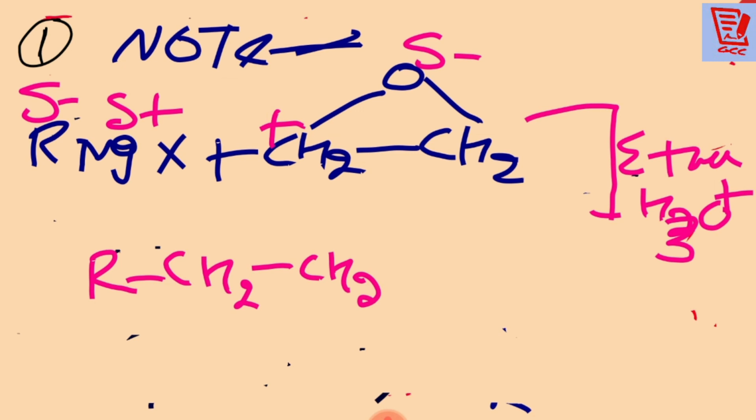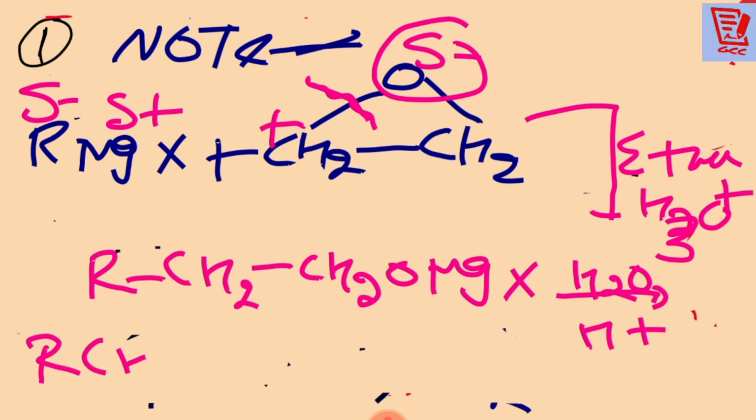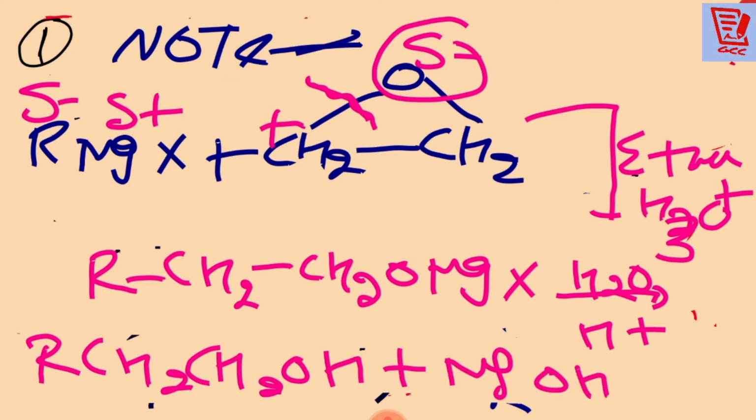Clear? Then this oxygen is negative, so what will attach to it? OMgX. Beta, from here this bond will cleave, this bond from here. Clear? Then after that we have to give again hydrolysis in the presence of H positive. I think everybody now knows what we are going to make there. RCH2CH2OH plus MgOHX. Is it clear?